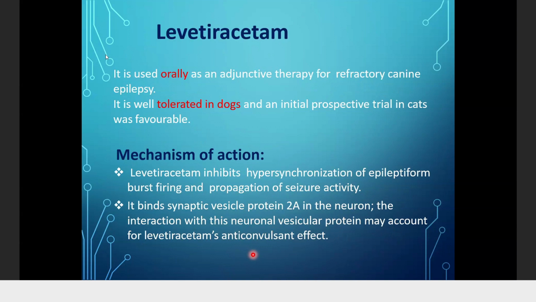So the binding of the drug to protein 2A in the neuron produces the anticonvulsant effect.